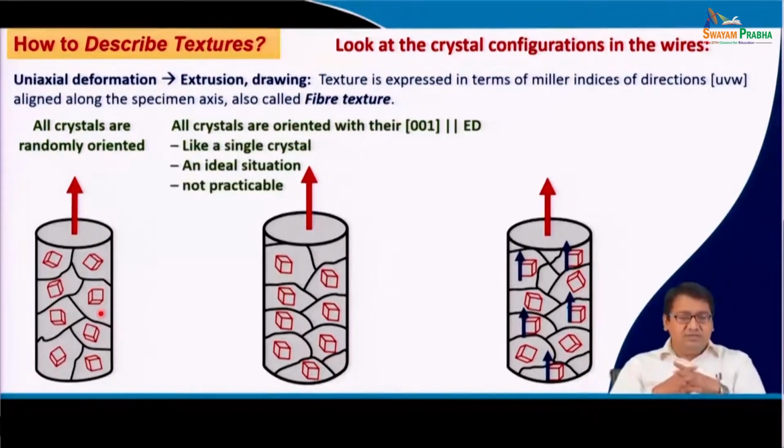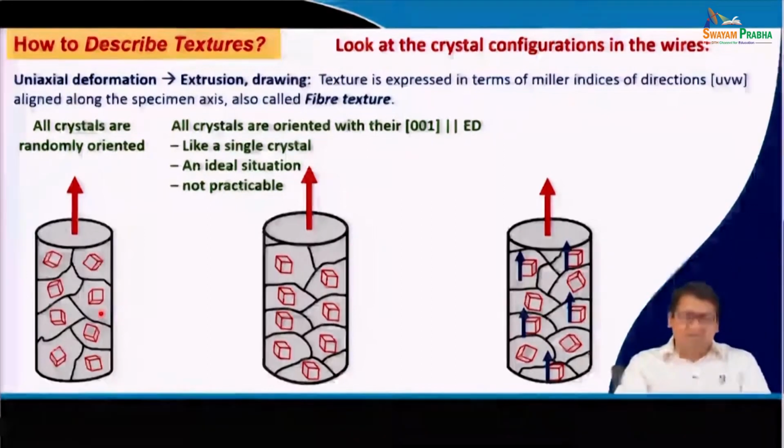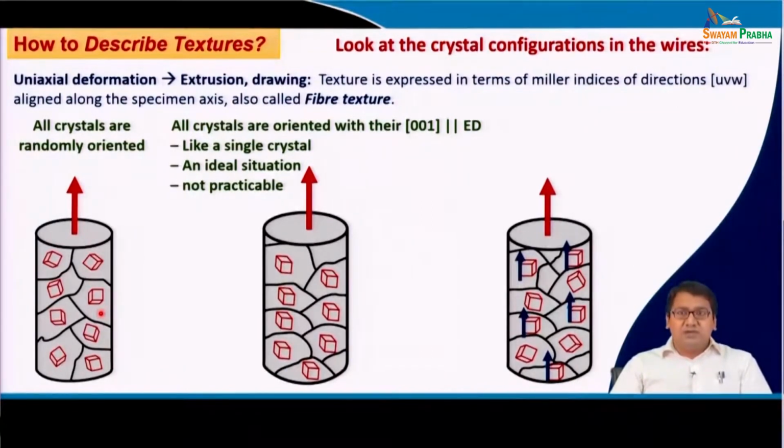On the other hand, as I said earlier, if all the crystals are oriented with a certain crystallographic axis, in this case the 100 axis parallel to the extrusion direction or the drawing direction, then this becomes again an ideal case, and it becomes a single crystal and cannot be made in a real life scenario, therefore, not practicable.